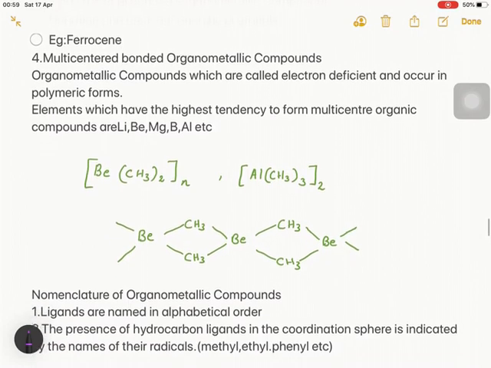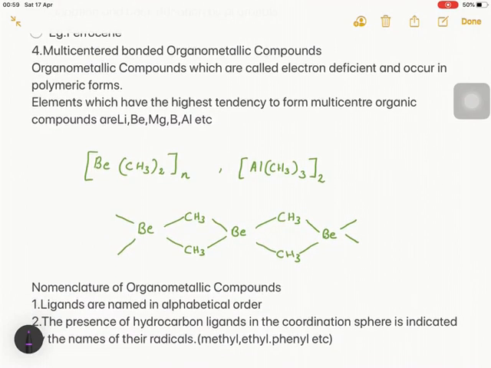Now the next one is multi-centered bonded organometallic compounds. Organometallic compounds which are electron deficient and occur in polymeric form fall under this category. Examples are (LiCH3)4, (BeCH3)2 n.